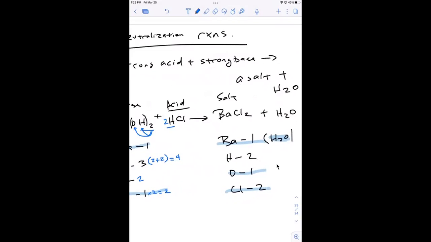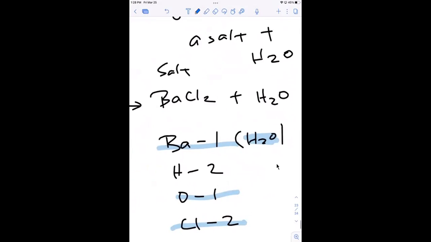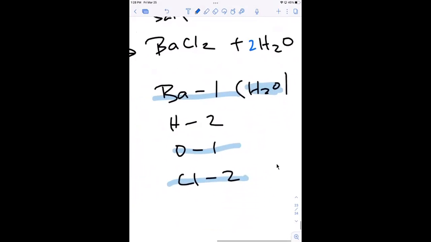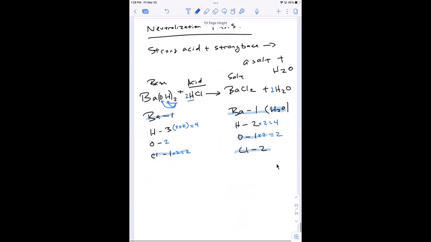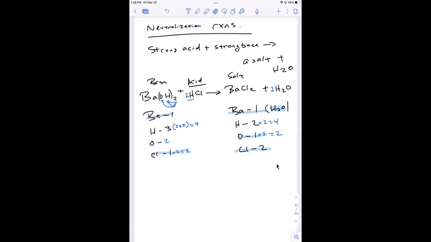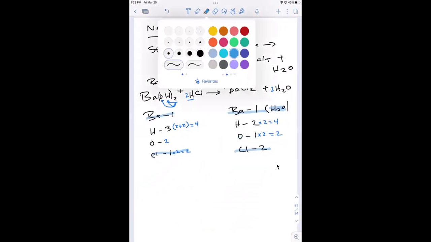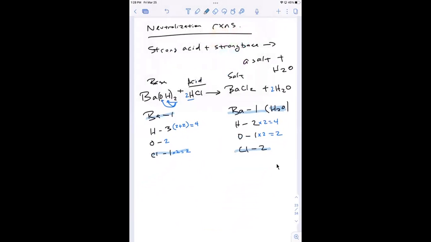So if I want to balance those hydrogens, if I put a 2 here, would that get me straight? That's going to be what, times 2. So that's going to be 4. And then that oxygen is also going to be times 2. So that's going to be 2. Now is everything balanced? Yes, sir. It is. So all right, so now everything is balanced. So oxygen is balanced, hydrogen is balanced. Right. So now we're good.